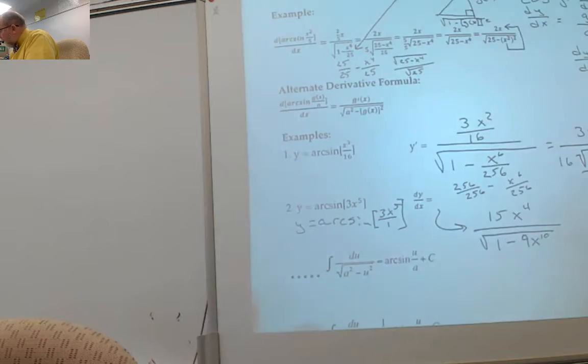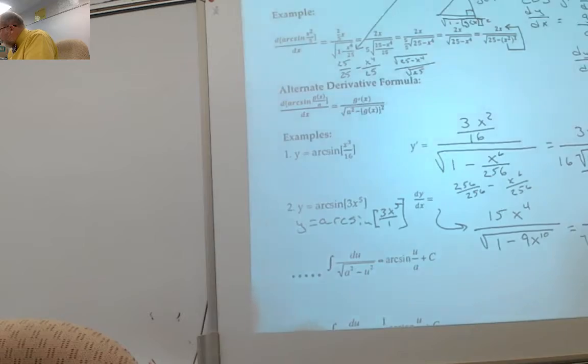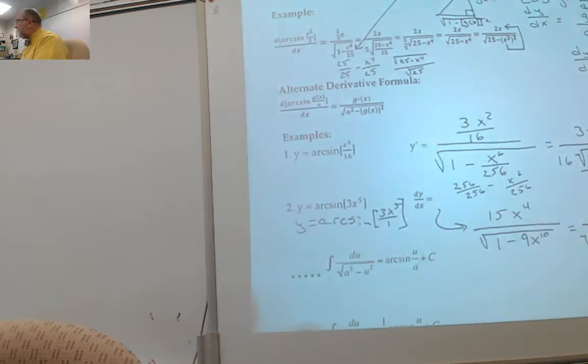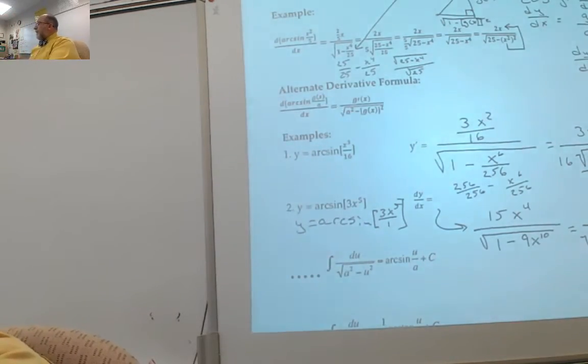But what I'm trying to tell you is that I could write it this way. That's really 1 squared. This is really 3x to the fifth squared, and there's that derivative. I'm just trying to point out a pattern.